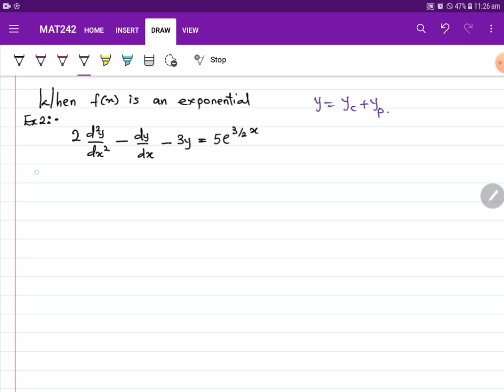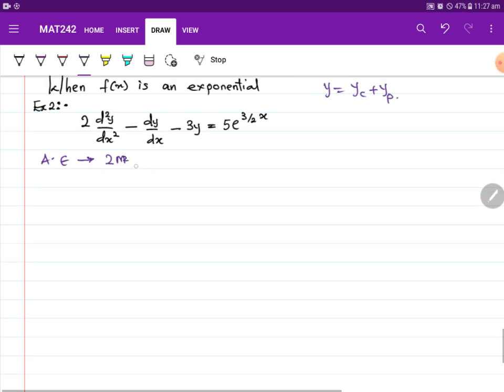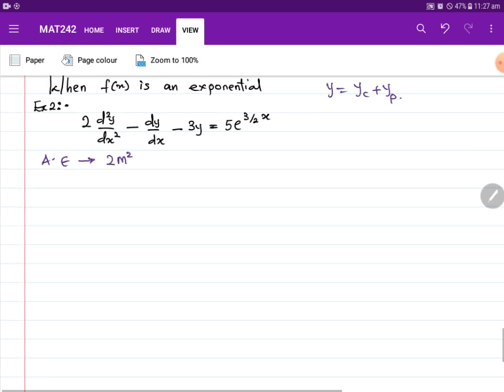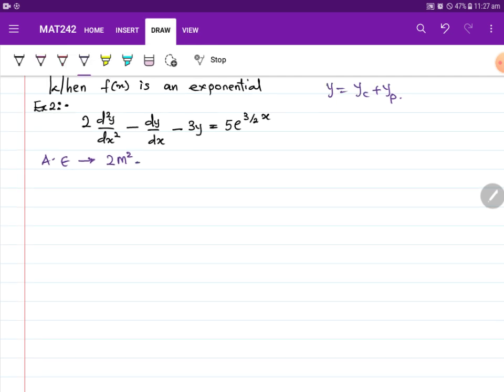My auxiliary equation will be 2m square minus m minus 3 is equal to 0, and the D operator form is 2D square minus D minus 3 y equals 5 exponential 3 over 2x.